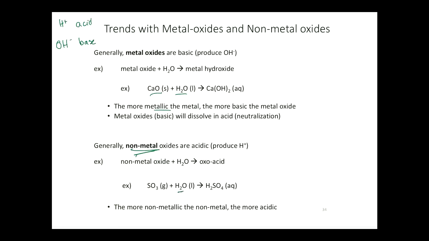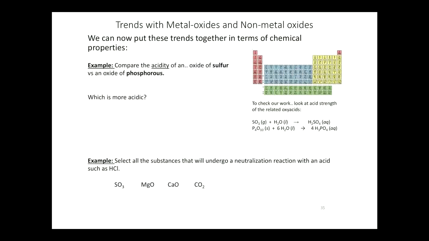If you add it to water, you get H2SO4. What is that? Sulfuric acid. So here it's just a clear cut showing you that SO3 plus water gives you an acid. So non-metal oxides give you acids. And again, the trend is the more non-metallic the non-metal, the more acidic. So let's look at some examples.